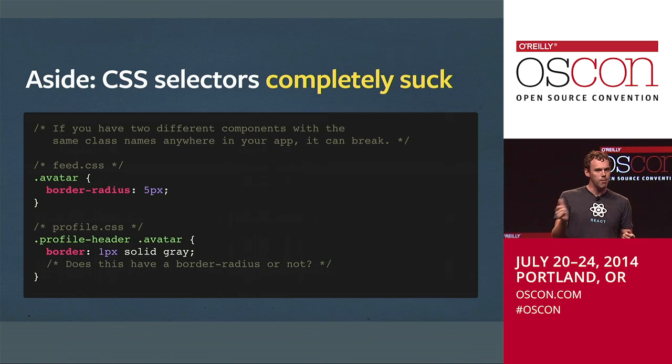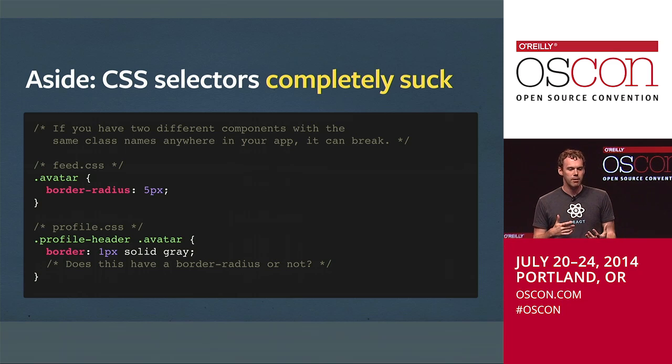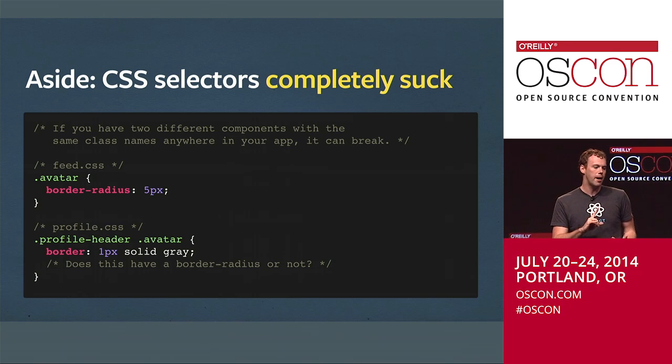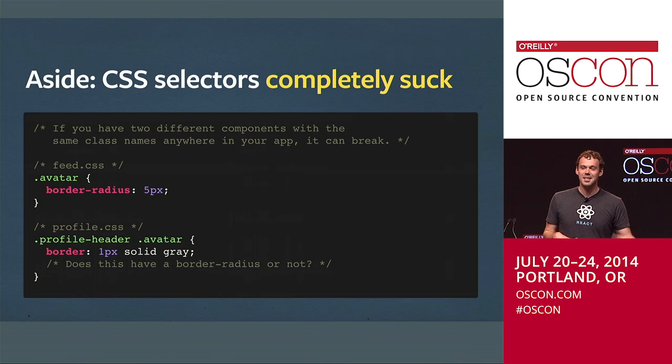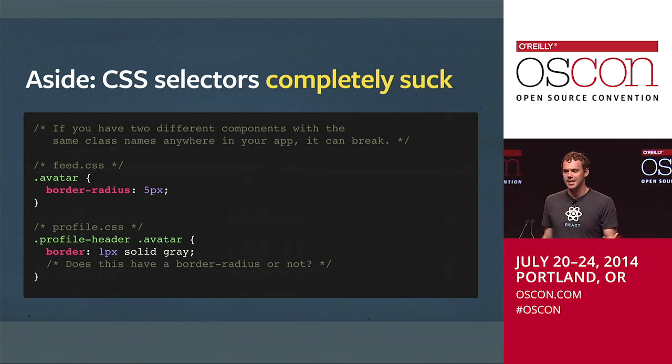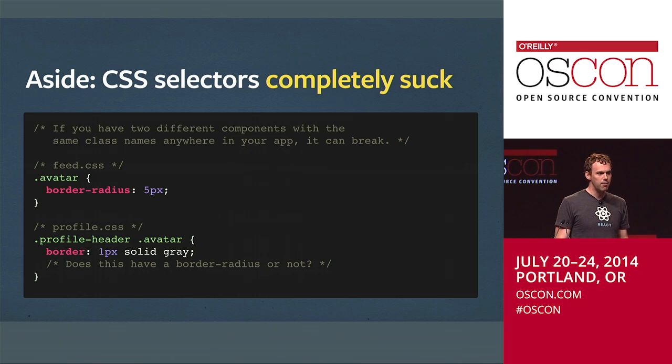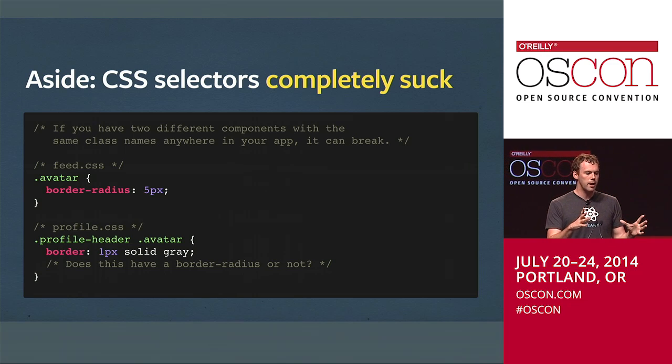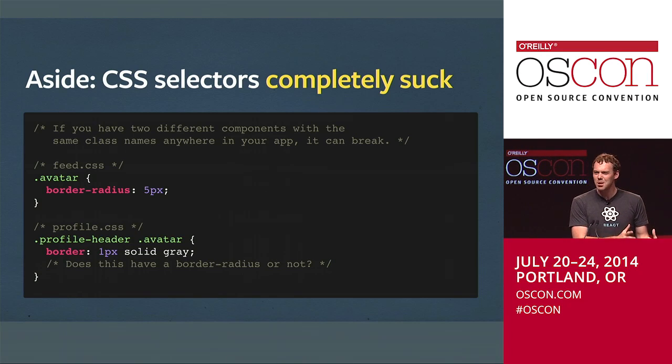But then if the profile has a different notion of what an avatar is, and the user navigates to the profile, all the feed rules still apply. So even though the profile was not expecting rounded corners on this avatar component, it still gets those rounded corners because the feed CSS is loaded. And if you have 2 separate teams working on these projects, you need to coordinate what the meaning of an avatar class really means. And that can be a pretty big pain.